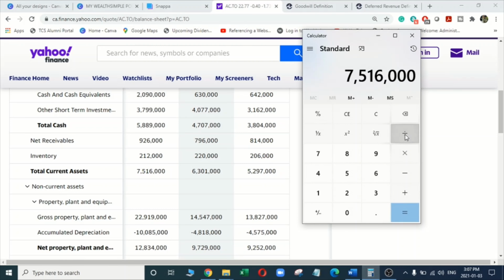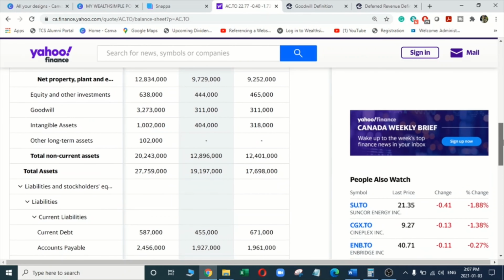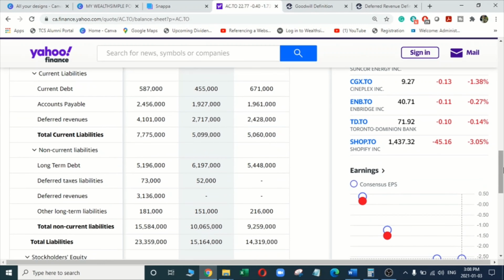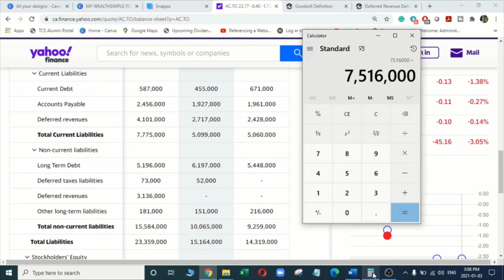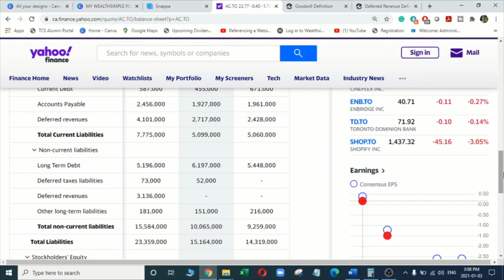If we divide this by total current liabilities, that is 7,775,000, it comes out to be 0.96666, which means it is less than 1.